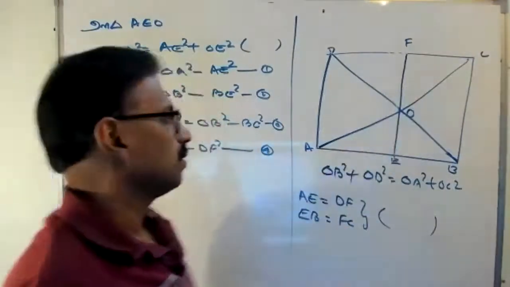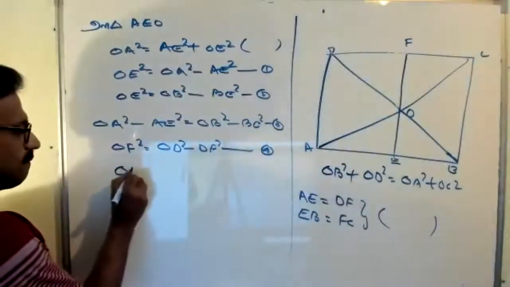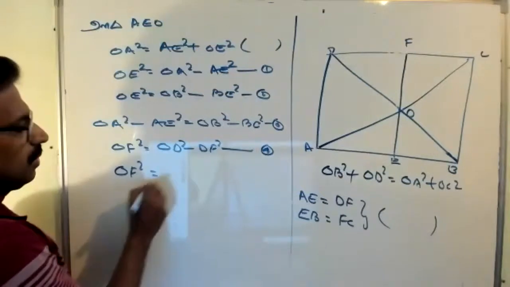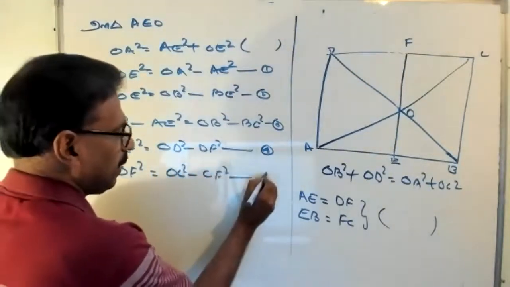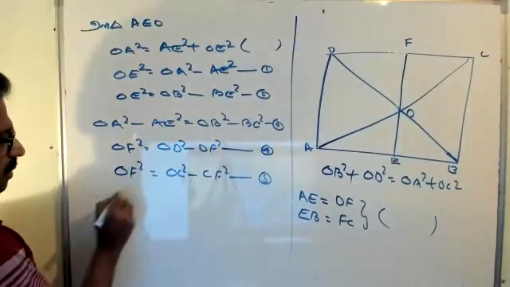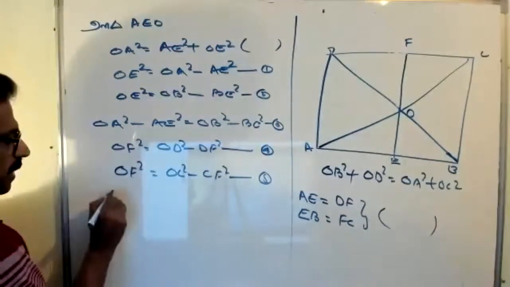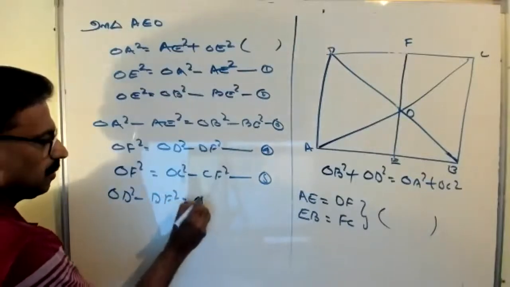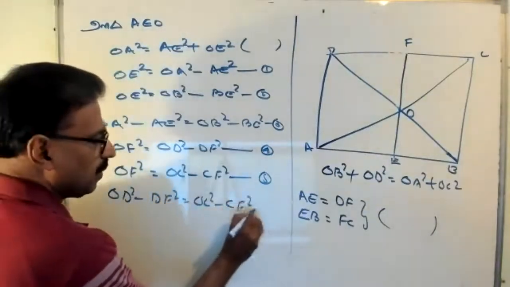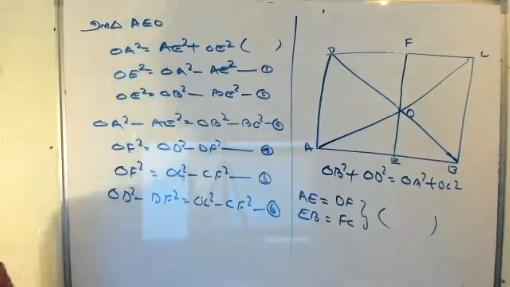This triangle, OF square equal to OC square minus CF square. Number 5. Then from 4 and 5, we get OD square minus DF square equal to OC square minus CF square. Number 6.